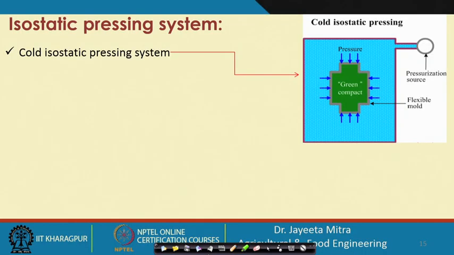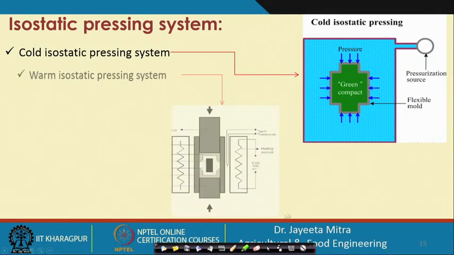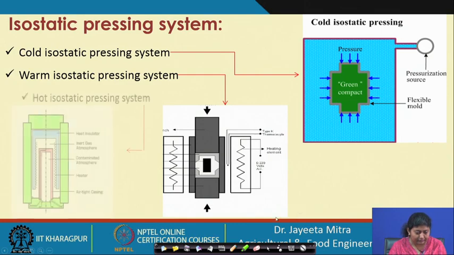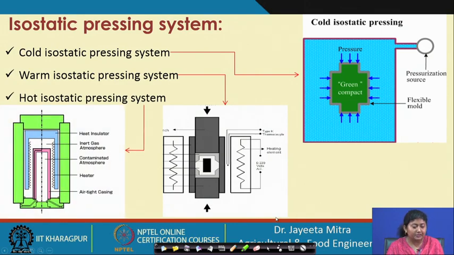Now, the isostatic pressing system can be of three types. First is the cold isostatic pressing, also called the CIP system.